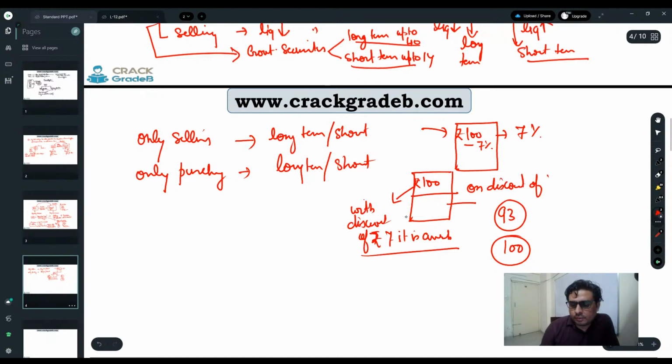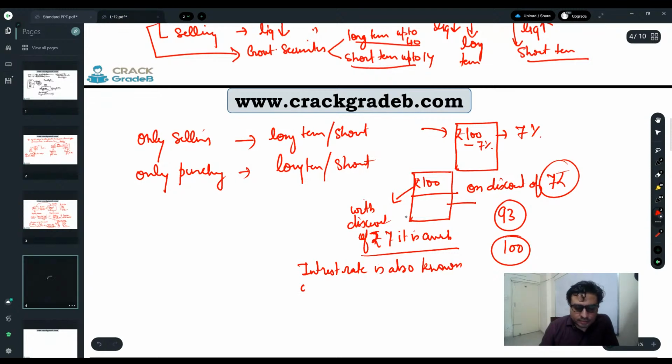So RBI is selling this bill at a discount of 7 rupees. So that is why interest rate is also known as discount rate or discounting of bill. Is it clear?